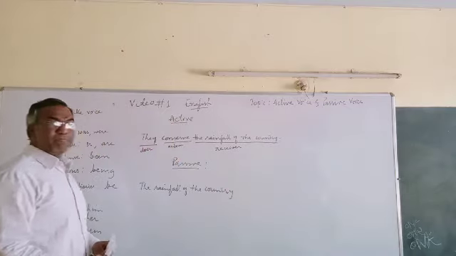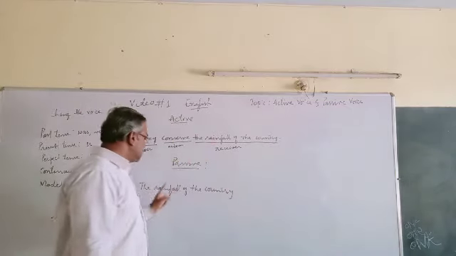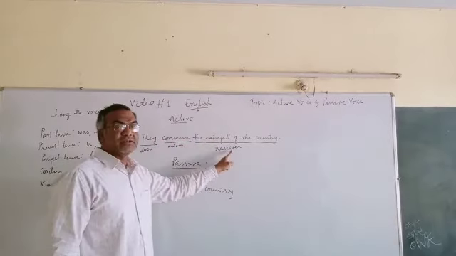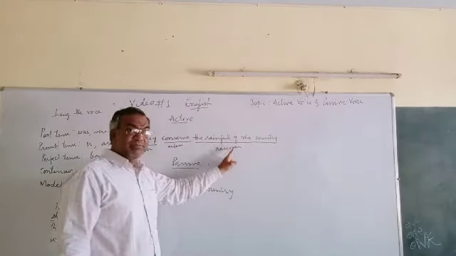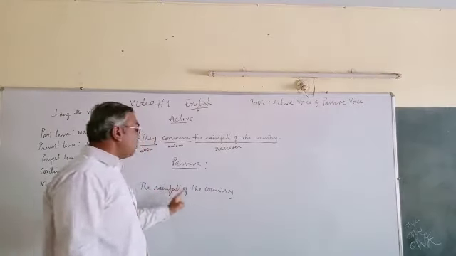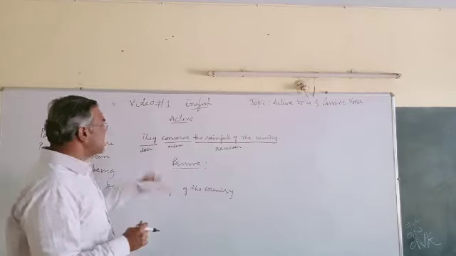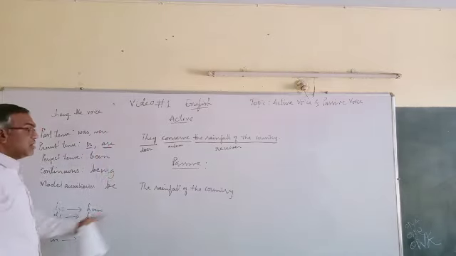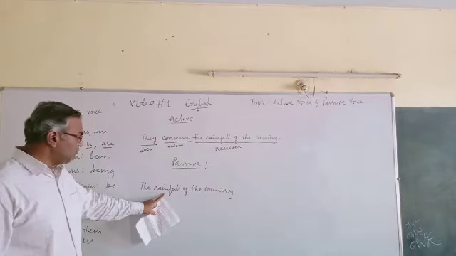What did we do here? We made the receiver of the action the subject. We are beginning the sentence with the receiver. Now, because this sentence is present tense, it is either is or are. Rainfall is singular. With present tense, is with singular, are with plural. Here the receiver of the action is the subject and it is singular.